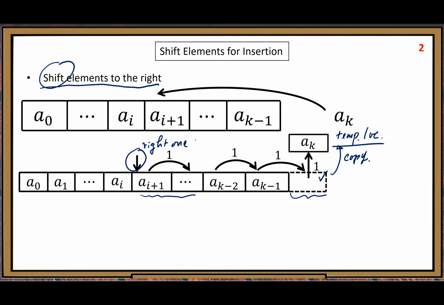Although you can try the next one, we assume the next element A sub i is less than A sub k, so we stop. This is the stopping criteria.